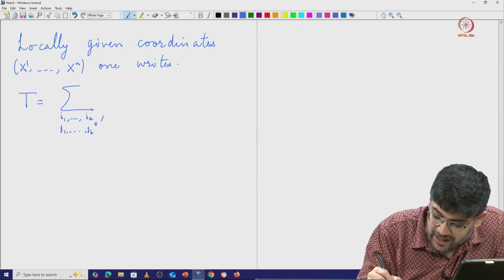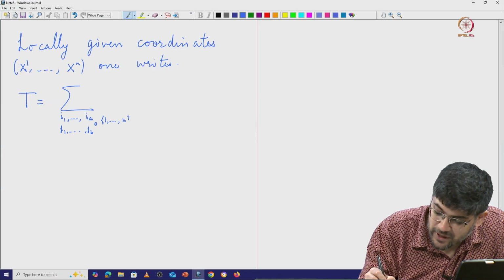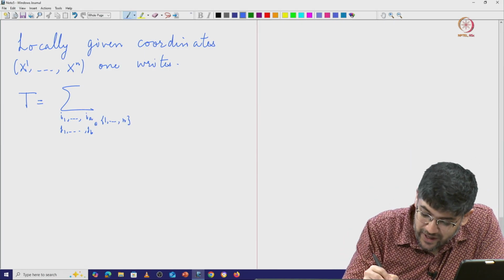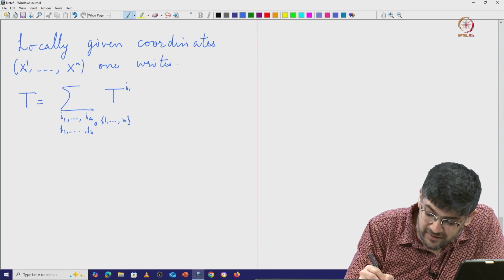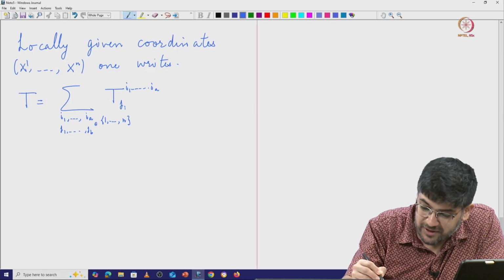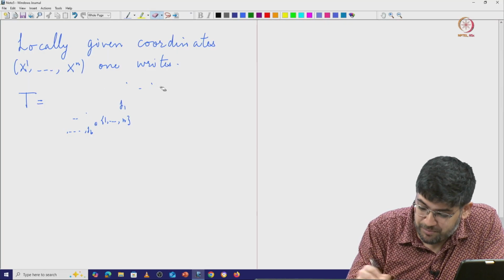These are all elements in the set 1 to n, so these are indices in this set, and a tensor generally has this form.